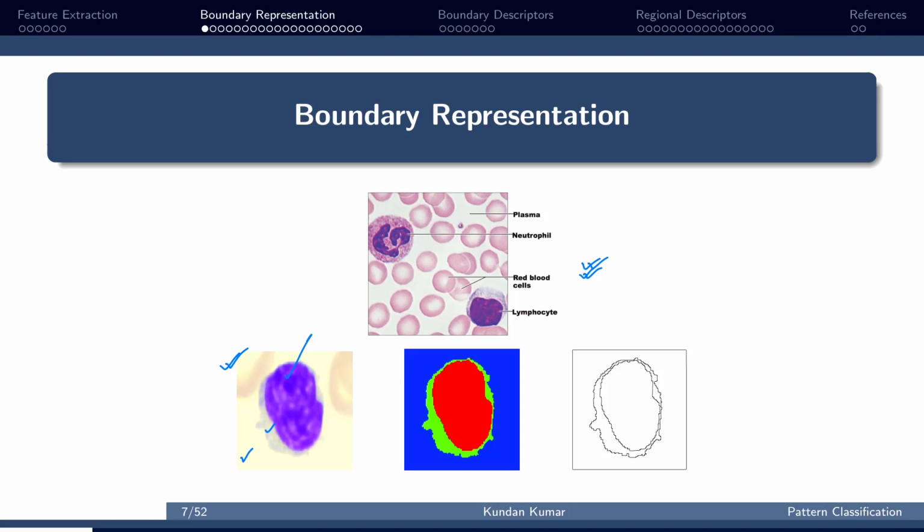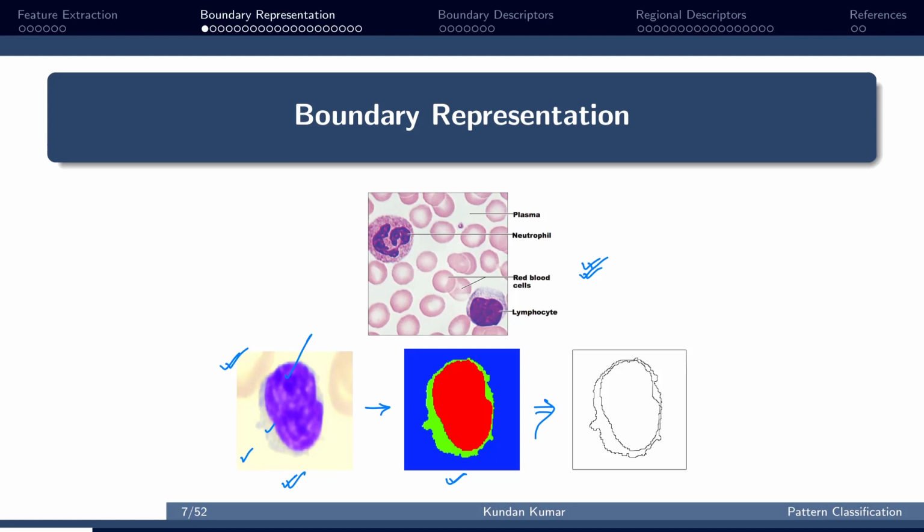As we discussed, in pre-processing we apply some segmentation technique if we want to extract features from region and boundary. This is basically the segmented output of the input image, and from this we can get the boundary of the nucleus and cytoplasm, which segregates it from the background.